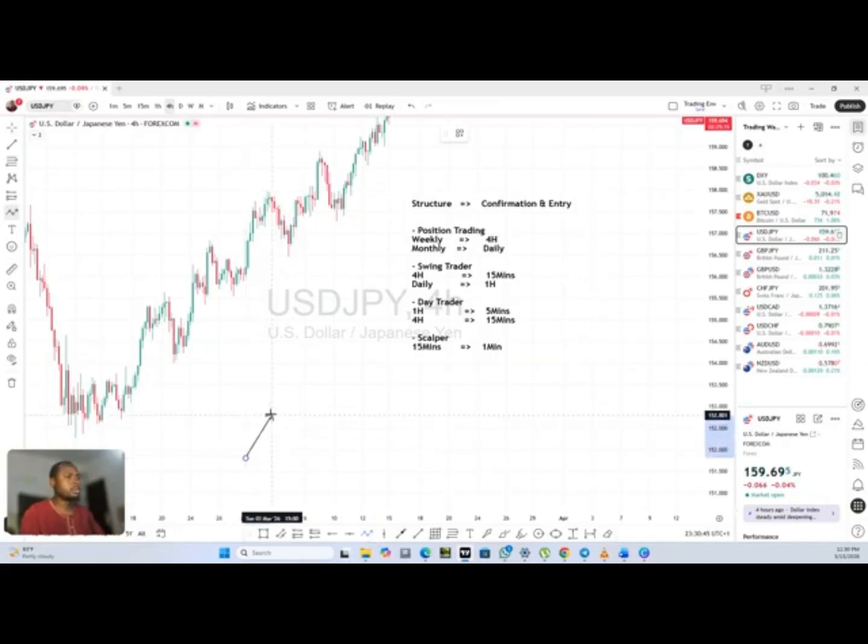let's draw some structure like this. As I told you earlier from our previous classes, if you have structure like this, what are you going to do? You are going to buy, and don't trade against the trend. What is trading against the trend? Market is moving like this.